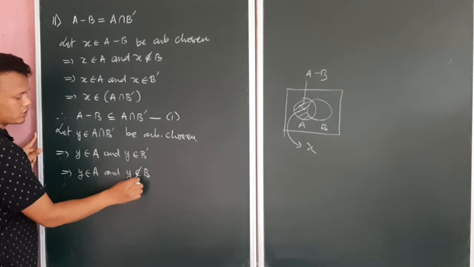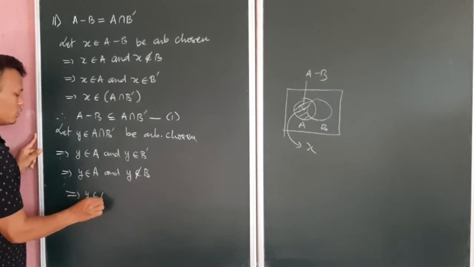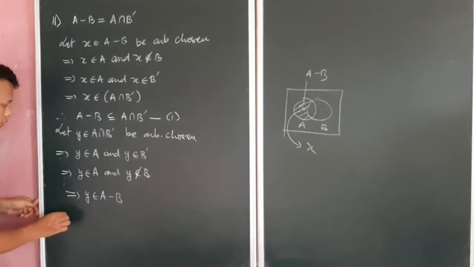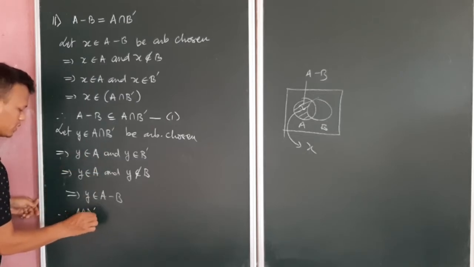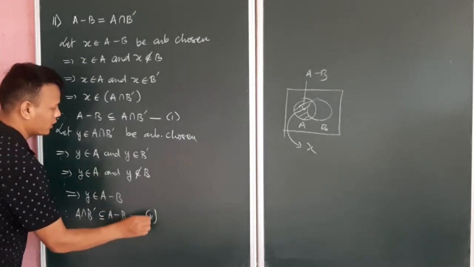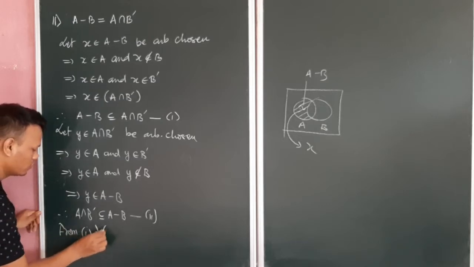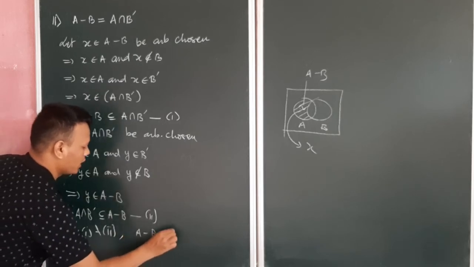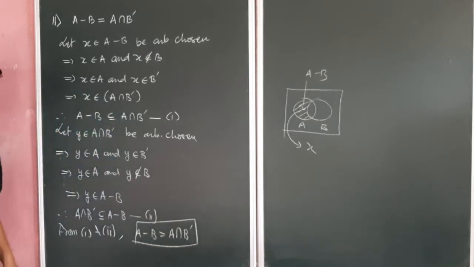Because y belongs to B dash, so that's why y does not belong to B. So this means that y belongs to A minus B. I started with this, landed up here. So therefore A intersection B dash is a subset of A minus B. Call this as 2. So using 1 and 2, we have showed that A minus B is equals to A intersection with B dash. Pause the video and note it down.